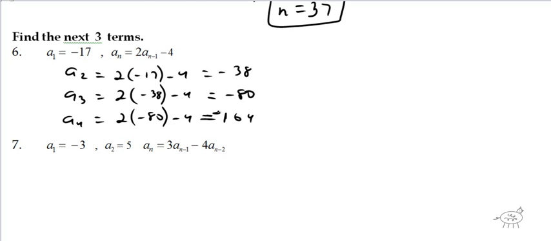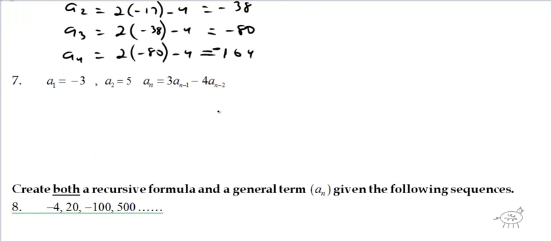Okay, pretty easy. Number 7, you're using the previous term and the one even before that. So for a sub 3, my next term is 3 times the one before it, minus 4 times the one before that. So basically 15 plus 12 is 27.